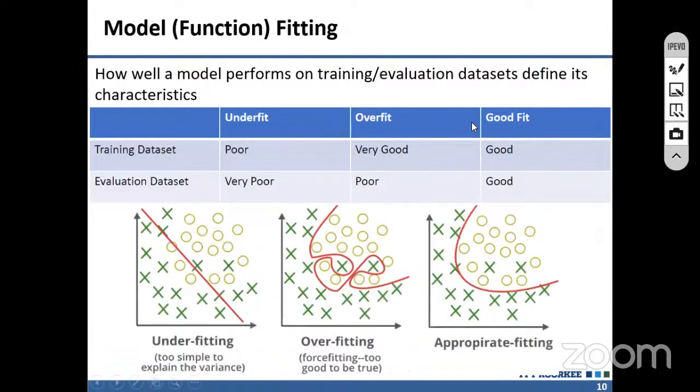Now let us discuss overfitting and underfitting.